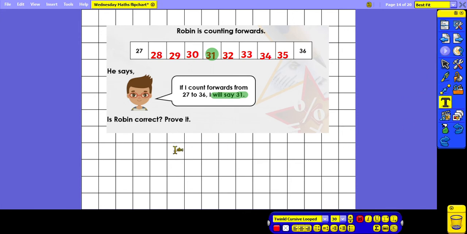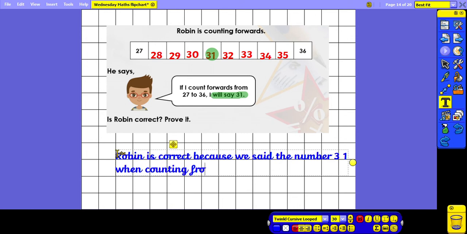So Robin is correct, because we said the number 31 when counting from 27 to 36.